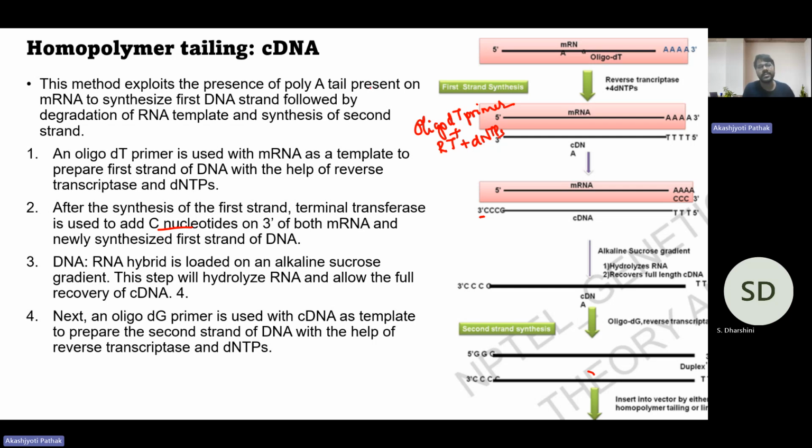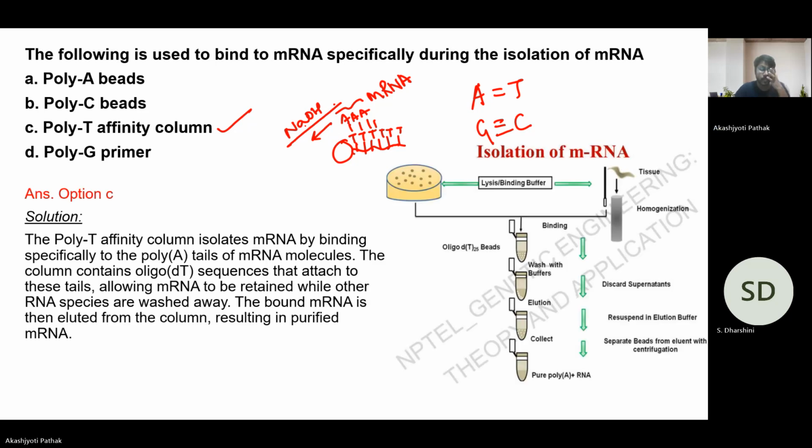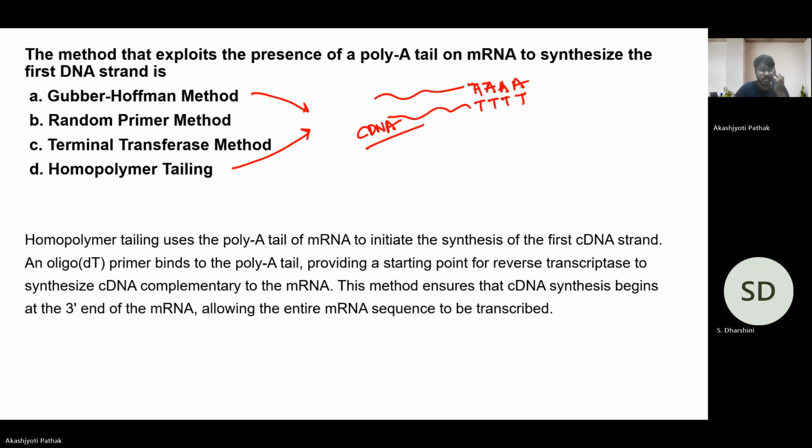So they have given the answer as homopolymer tailing, but the answer should be both actually, because here also you are using this oligo dT primer for synthesis of the first DNA strand. So okay, the answer is homopolymer tailing, but okay.